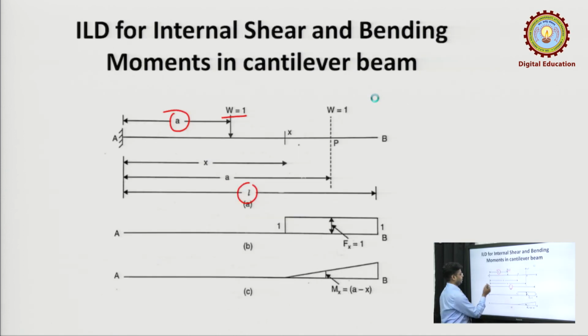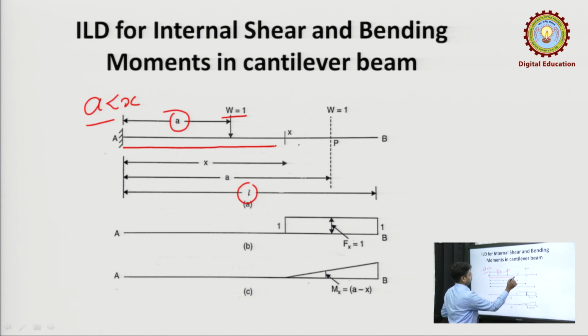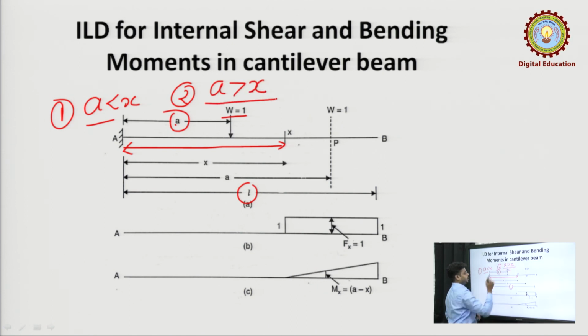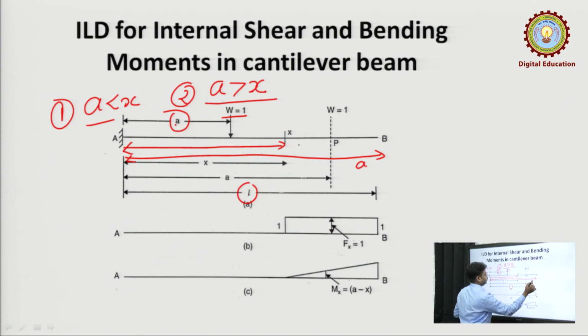When a is less than x, your load is on this portion, and when a is greater than x, now your load is working here.